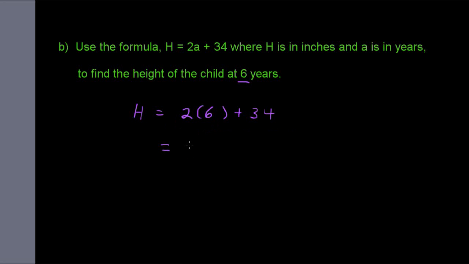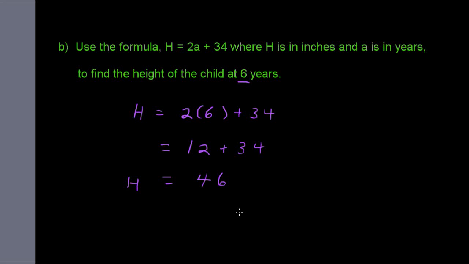What do we do first? Multiplication, and what's 2 times 6? 12 plus 34, and then continue simplifying, and we're going to find out what h is. What's 12 plus 34? 46. Same as what we got in part A.